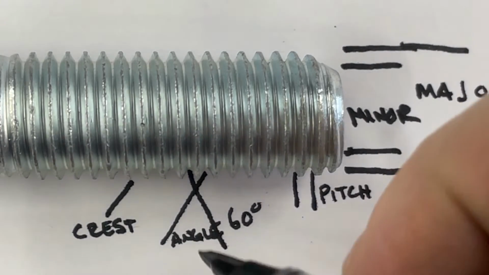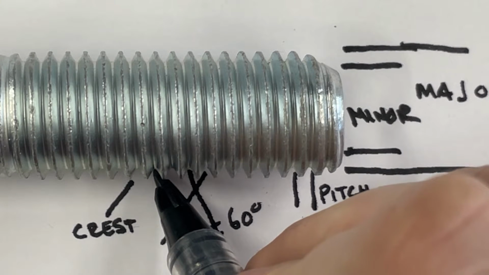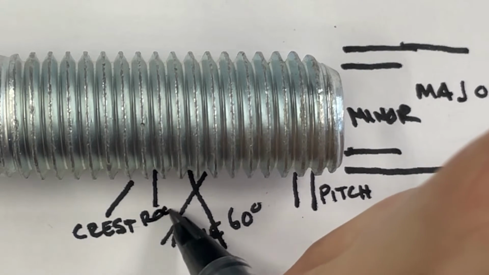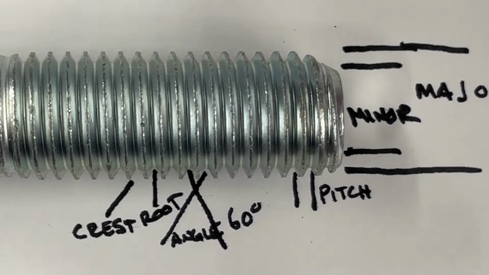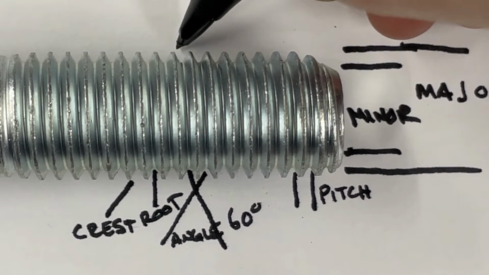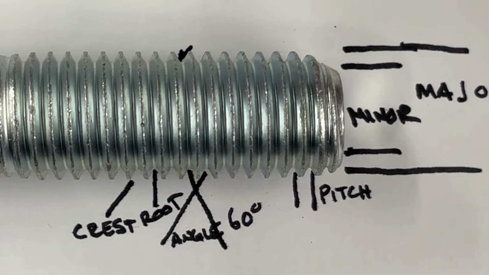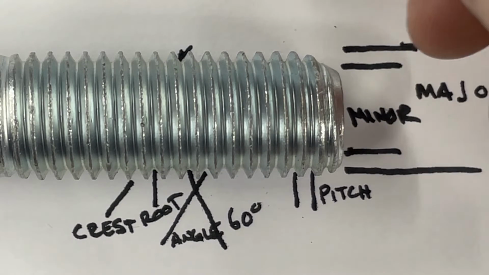And then if we go right into the inside here, that's the root. So we have the root and the crest. The face of a thread, the actual mating part that's going to hit on the other side, is called the flank.